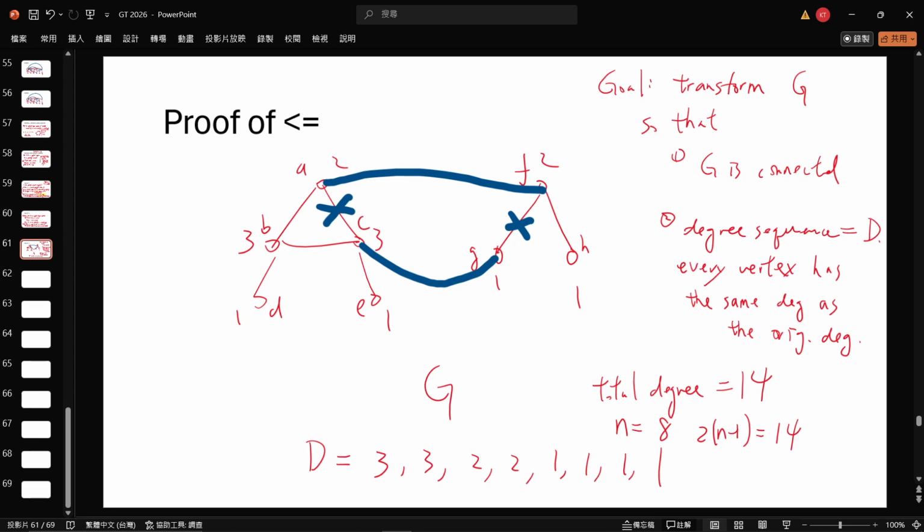Yes, a cycle, exactly. So the critical observation is that if you have a cycle, then you can remove any edge on the cycle, like this AC. Even if you remove this edge, the left component is still connected, because you can use the other edges on the cycle to remain connected.